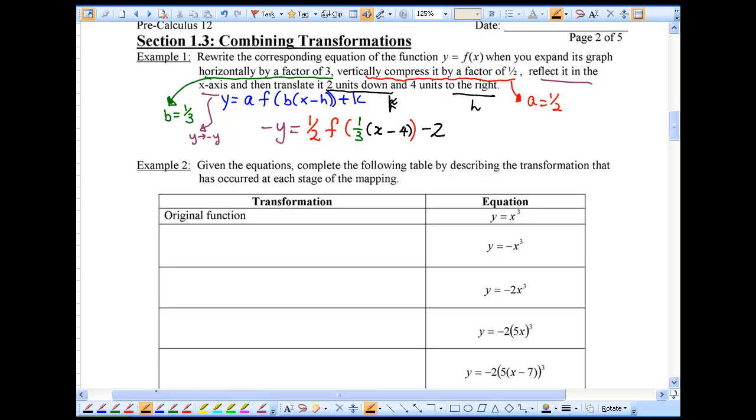Now, most people will not like this as your final answer because that negative is on the left-hand side. Please then move it to the right-hand side. And so if you wrote down something like this, y equals negative 1/2, f of 1/3, x minus 4, close the bracket once, close the bracket twice, minus 2, that would be the correct answer. Okay?